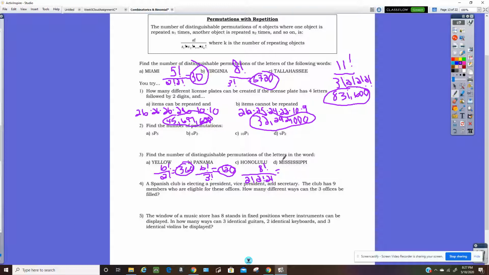And then finally Mississippi, 1, 2, 3, 4, 5, 6, 7, 8, 9, 10, 11, and then 1, 2, 3, 4 I's, 4 S's, and 2 P's.